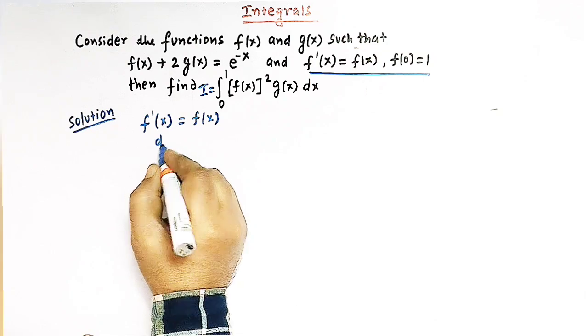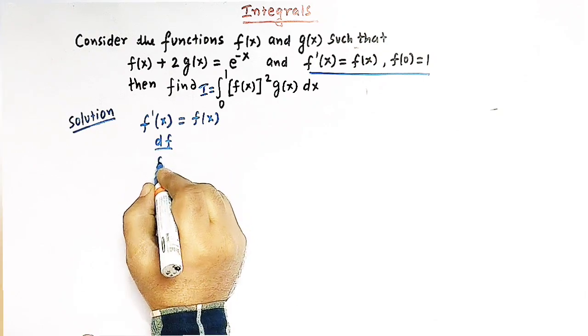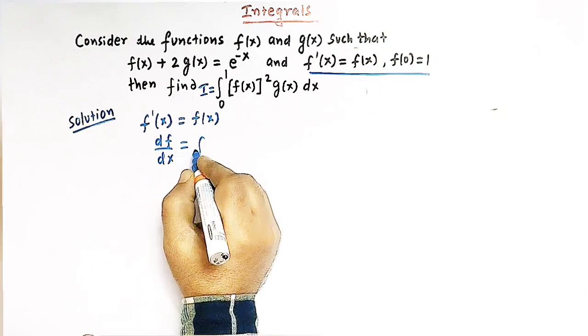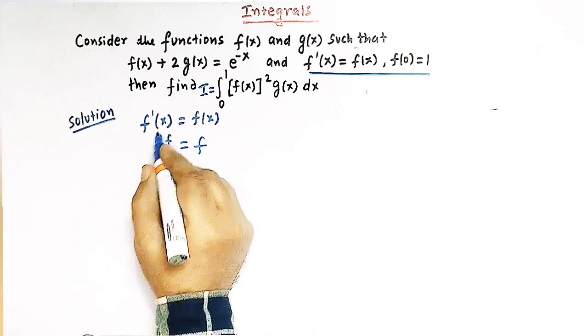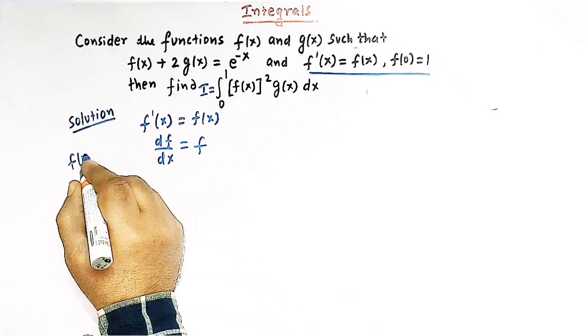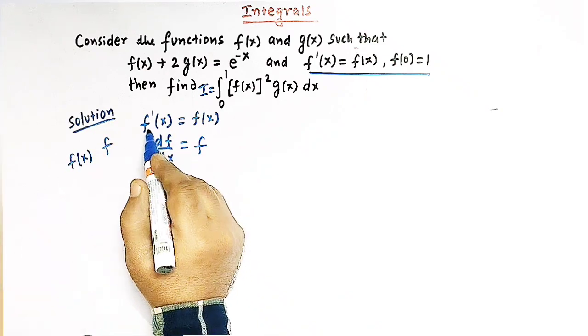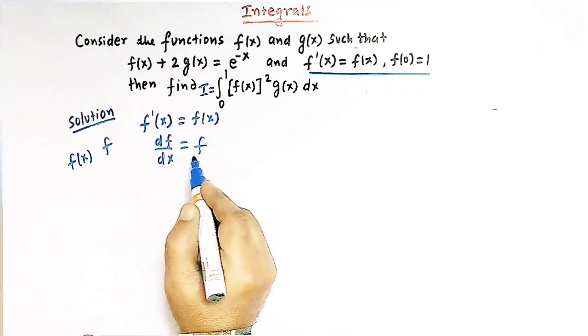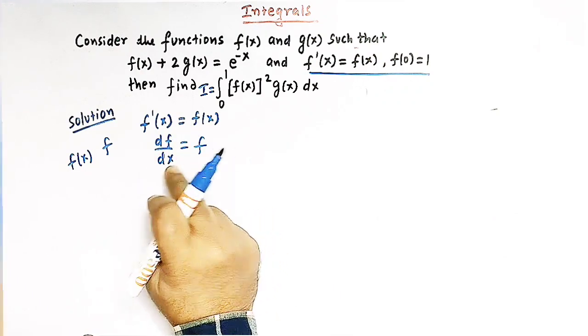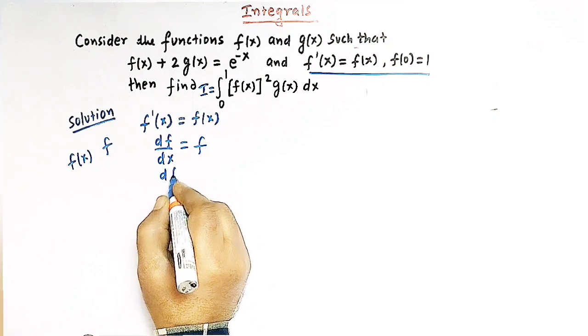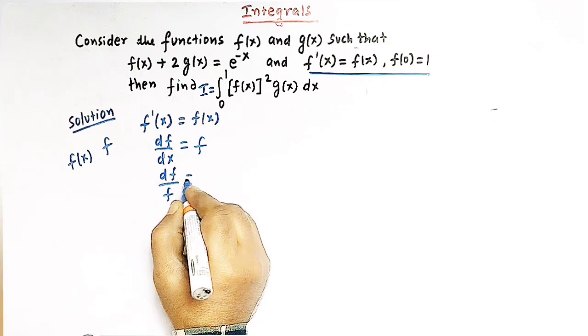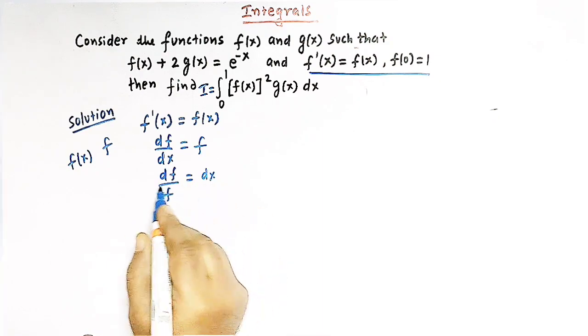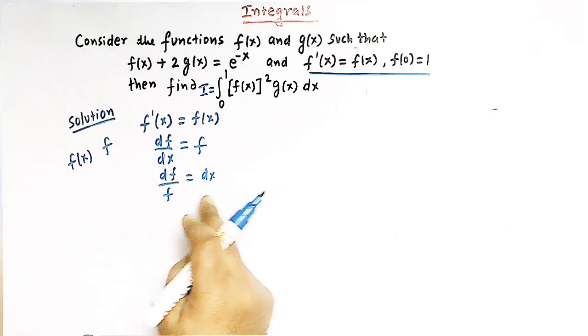So we have df over dx is equal to f, where we are writing f of x as f. Separating the variables, we can write df over f equals dx. So let us integrate both sides.